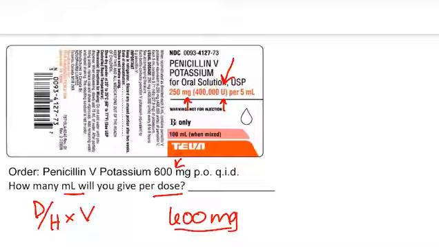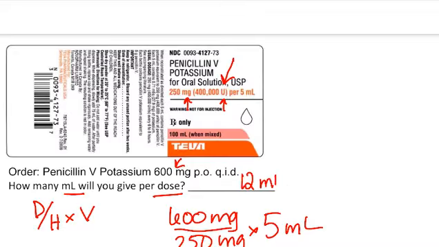My order is written in milligrams, so I'm going to use the milligrams. I'm going to write 250 milligrams in what volume? 5 milliliters. Go to my calculator, 600 divided by 250 times 5 equals 12 milliliters. And that is the end.